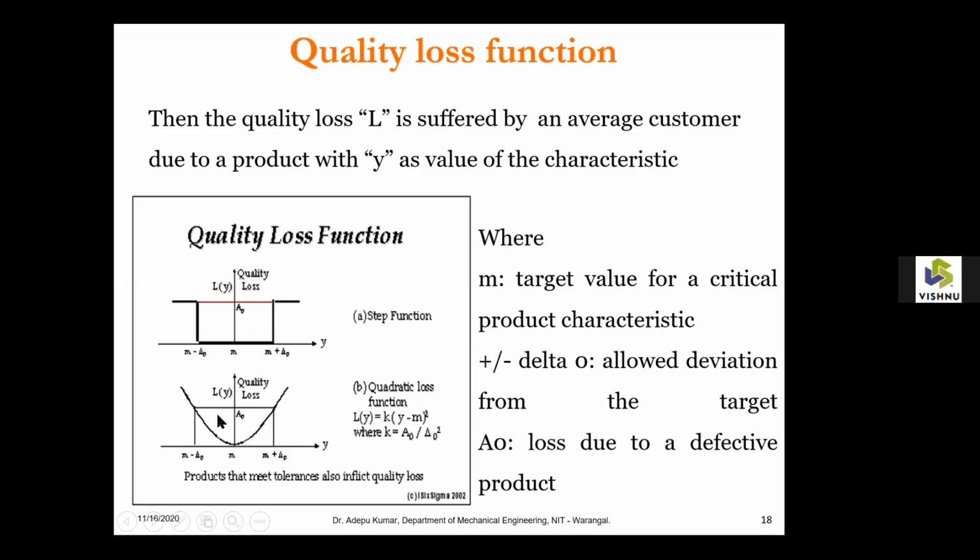Then if you come to the non-linearity of the quality loss function, it is non-linear, towards the right of m and towards the left of m minus delta naught. But there should be a variation from delta naught to minus delta naught. This variation is always an advantage to the designer.